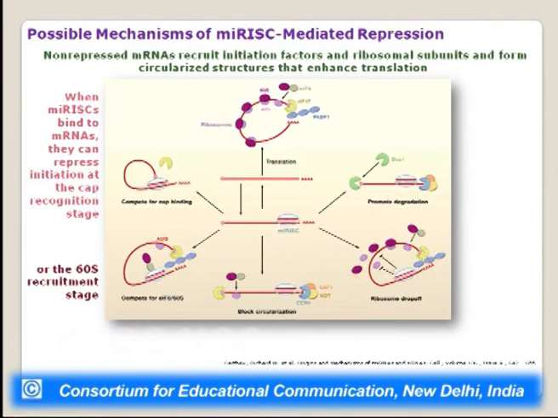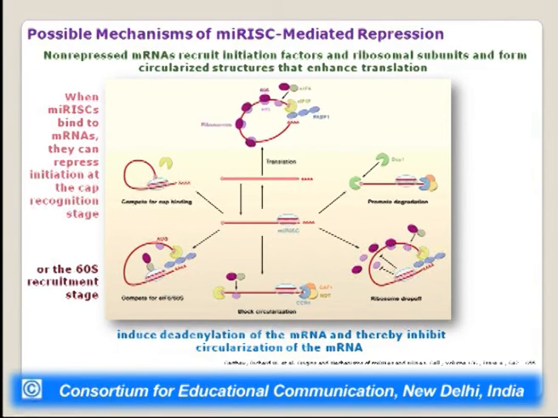They can do so also at the 60S recruitment stage, where they compete for the elongation factor or 60S stage. So, they would not let the 60S component bind to the transcript and therefore cause translation repression.